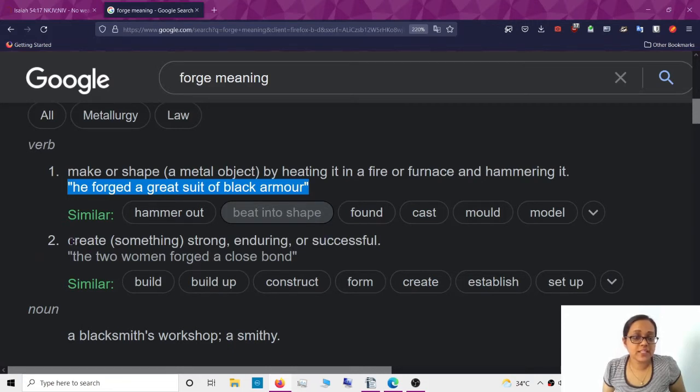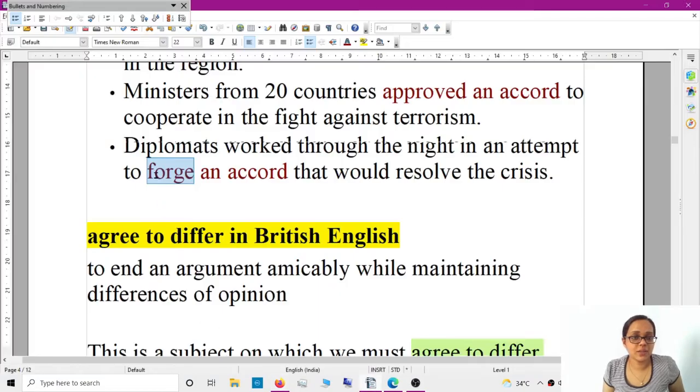So, build. Okay, let's see what the meaning is here. Diplomats worked through the night in an attempt to forge an accord. So, build, work together in an attempt to forge an accord that will resolve the crisis.